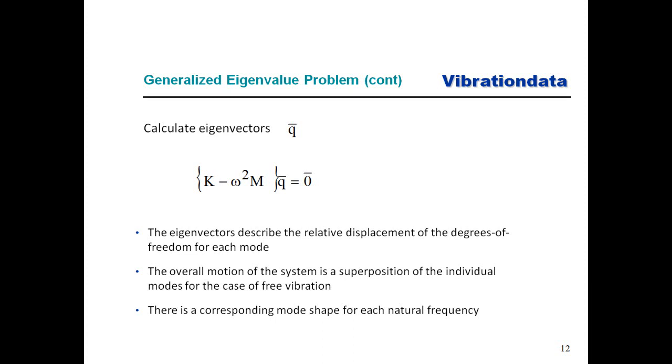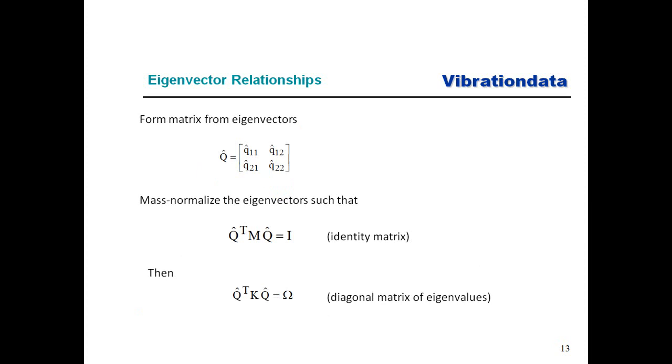And also, even if it's just a forced response or base excitation response, those modes are going to figure into the response. So what we do is we take those eigenvectors and we arrange them in a column format. And I'm showing a hat here because we've normalized them. We've chosen that unknown scale factor a particular way to normalize these eigenvectors. And I'm going to explain that to you here shortly.